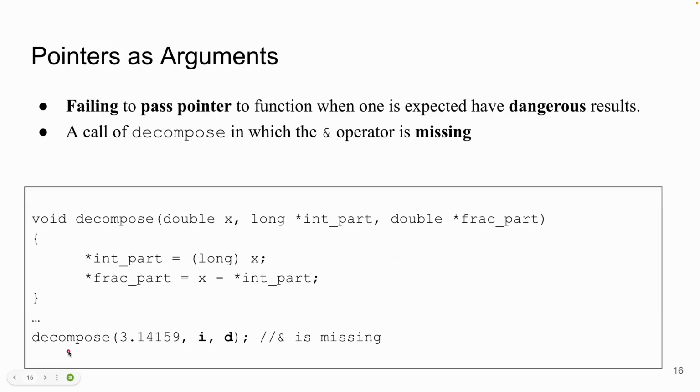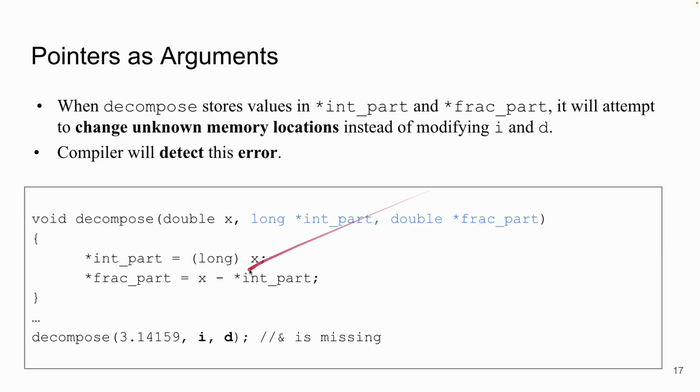However, when we call the decompose function and forget to add the address operator to I and D, this will have a dangerous result, because it means that we just randomly assigned an integer value to the pointer variables, and these pointer variables cannot store an integer value.